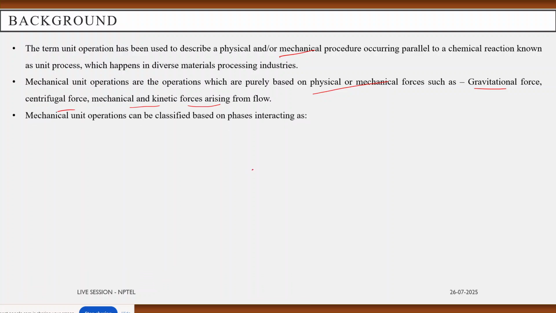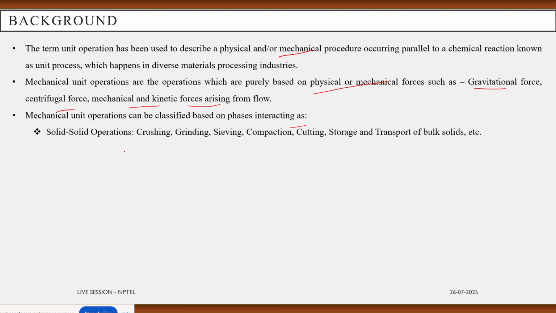Basically, mechanical unit operations can be classified from the point of view of the phases interacting. First one is solid-solid operation, which involves crushing, grinding, sieving, compaction, cutting, storage, and transportation of the bulk solid.